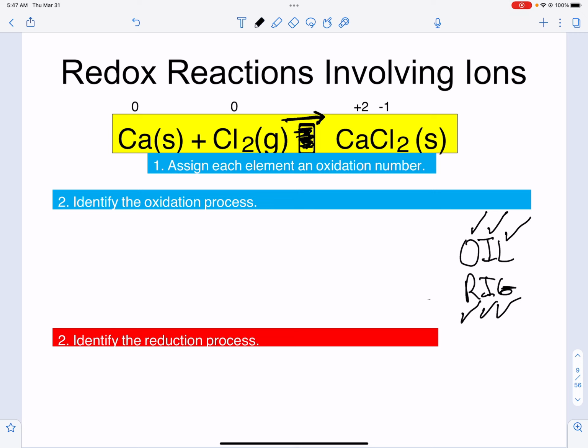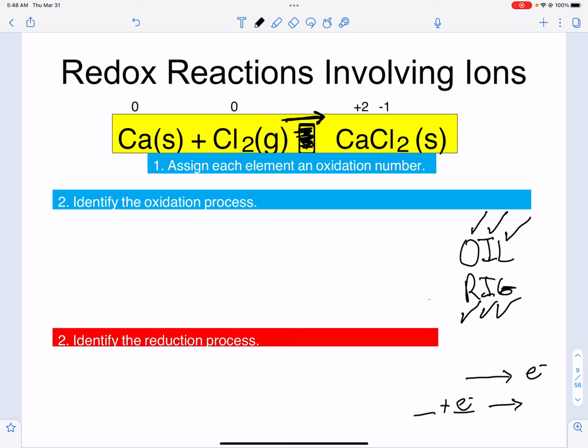So when you have something producing electrons, that means it's losing. When you have something with electrons added to it, that's gaining. So gaining is electrons are reactants. Losing or producing is electrons are part of the products.